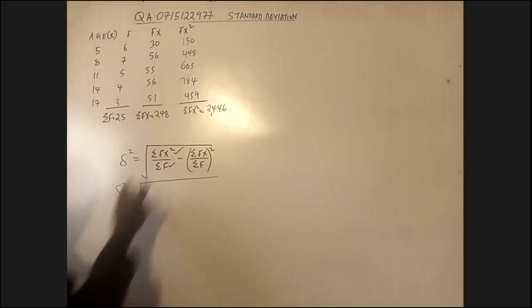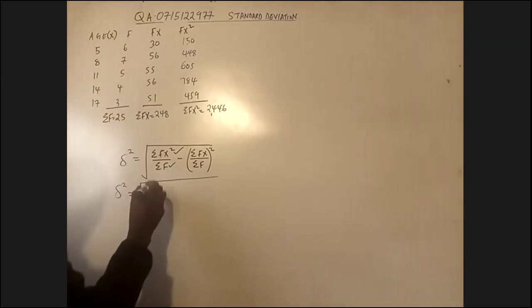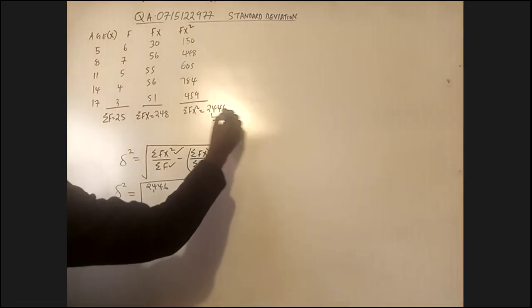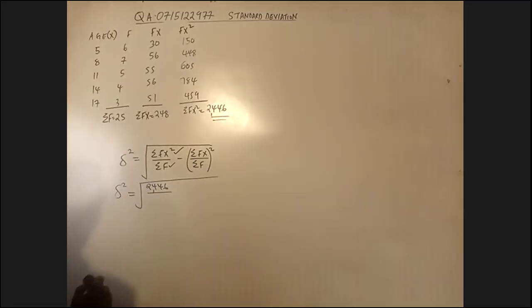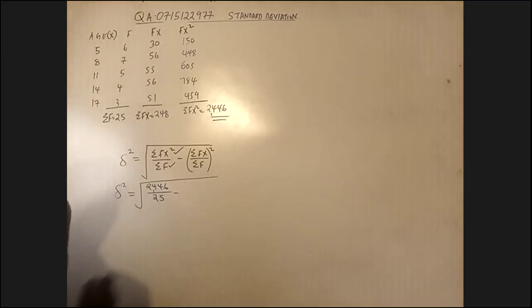Now summation of fx squared is how much? 2446, here it is, over summation of f, 25. 17 squared is 289. 289 times 3 is 867.